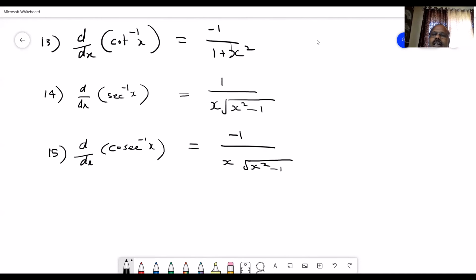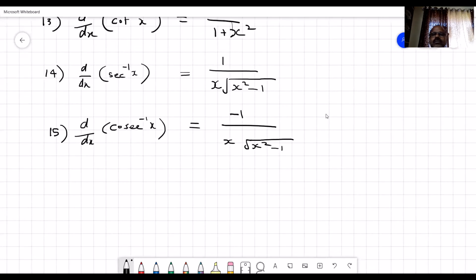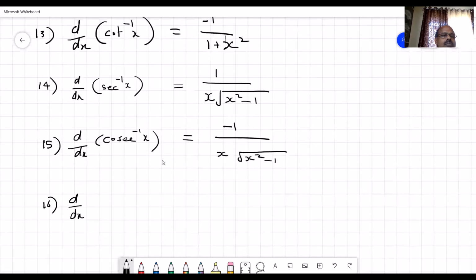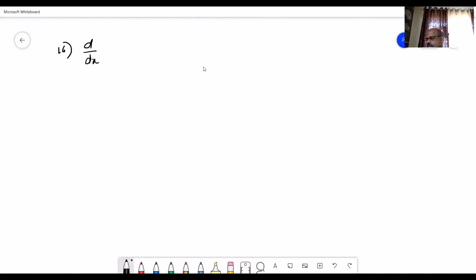Okay. Now we are coming to hyperbolic functions, which are denoted with the help of the h. dy by dx of sin hx is equal to cos hx, no difference.